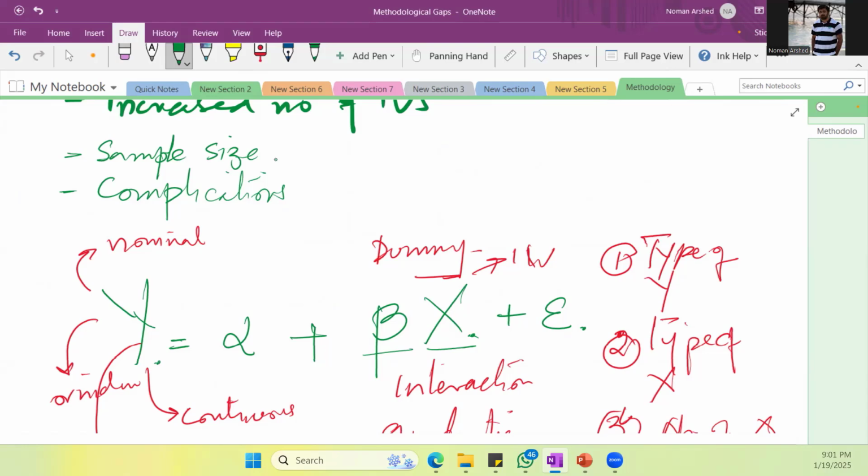So even if I add a square variable by adding a theta x square, the model is still linear in terms of coefficients because my coefficients still have power 1. But it is non-linear in terms of variables. So according to OLS, the model can be non-linear with respect to variables, but it should be linear with respect to coefficients. Did you get the answer? Yes, sir.